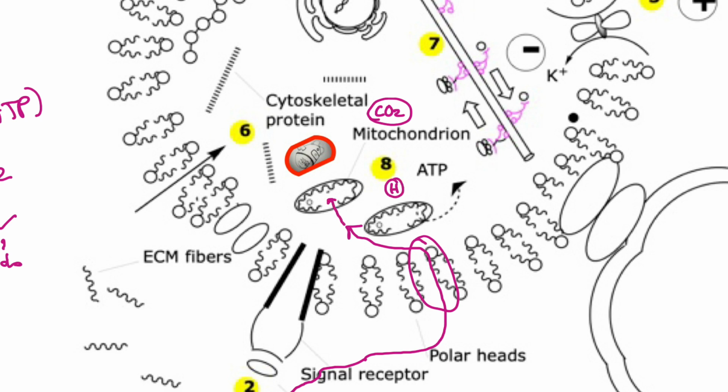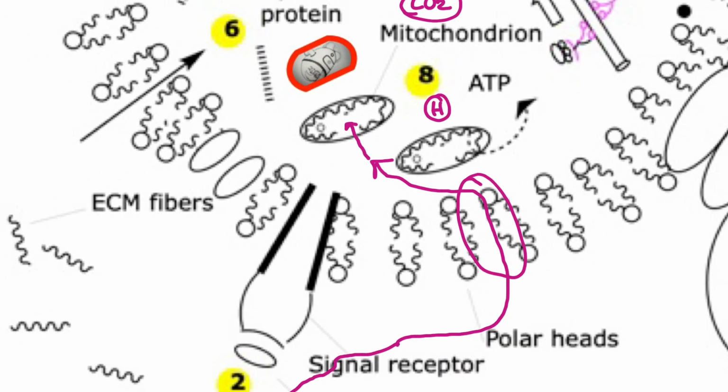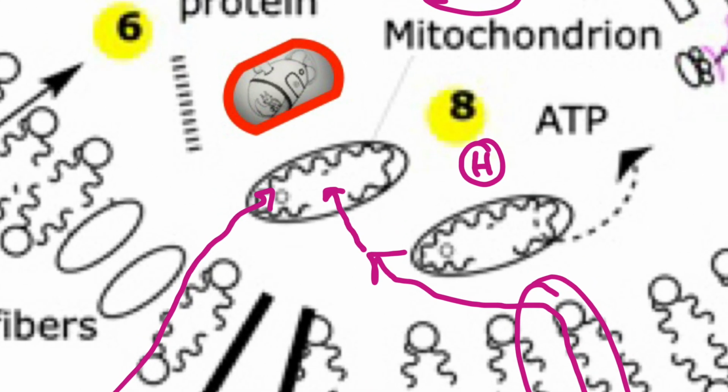Then in the mitochondria, oxygen, which comes from the bloodstream, will enter the mitochondria, and hydrogens and the oxygen will combine to form water, and energy is released, and this energy is used to make ATP.